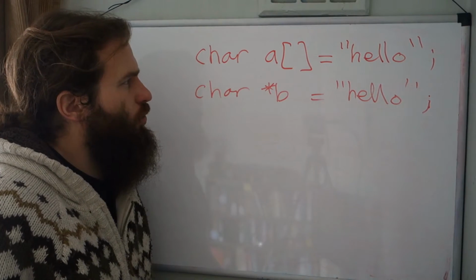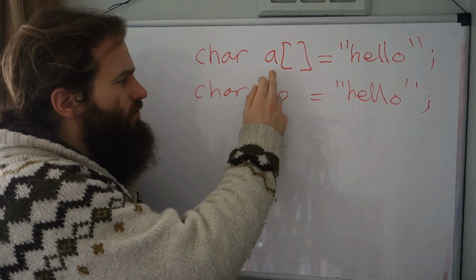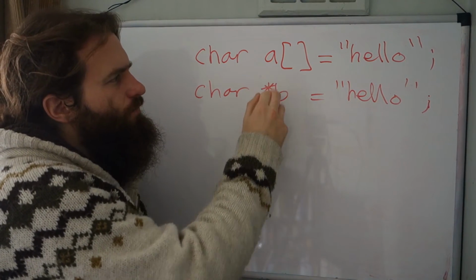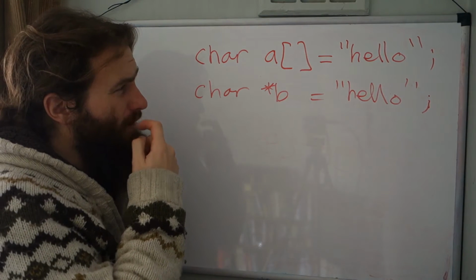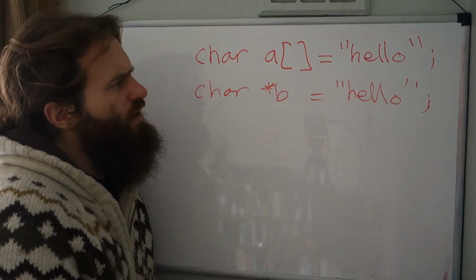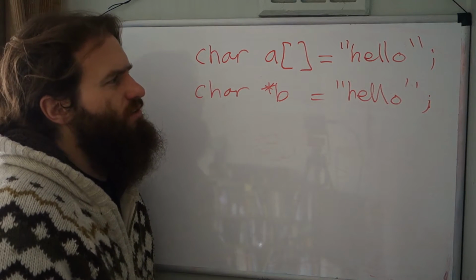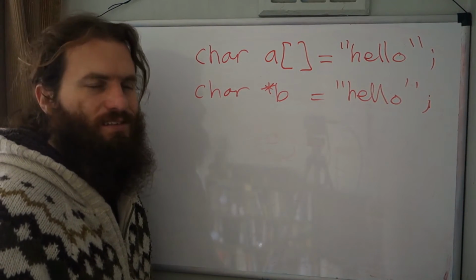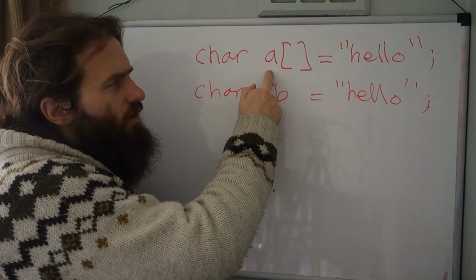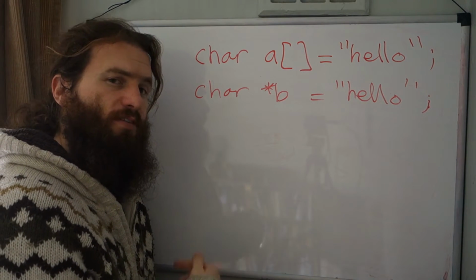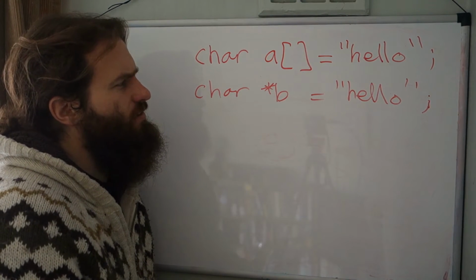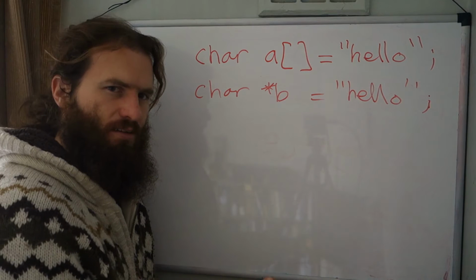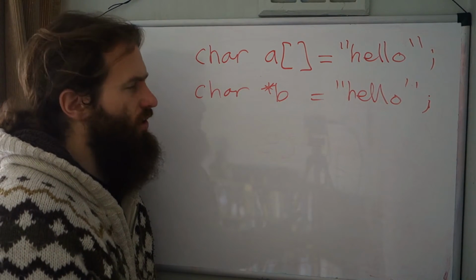You might be wondering, what is the type of this? Well, we know that this is a pointer, a character pointer. What is this? Well, this is actually an array type, a character array. In some senses, pointers and arrays are equivalent, in the sense that if you pass an array type to a function that expects a pointer type, then the array type will decay to a pointer type.